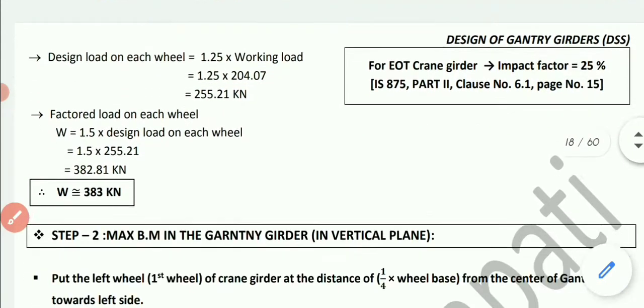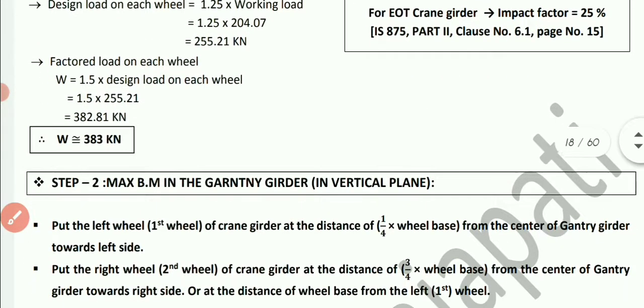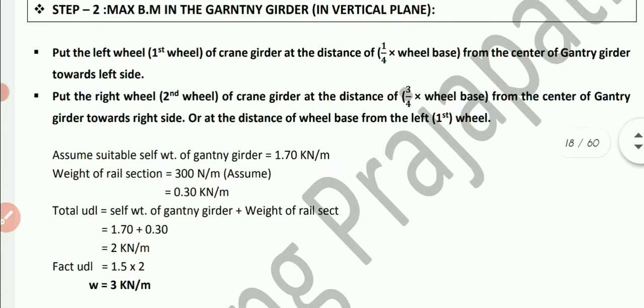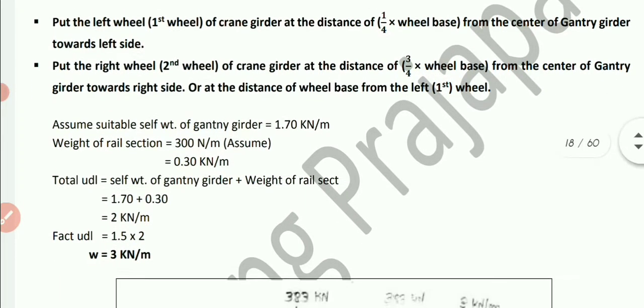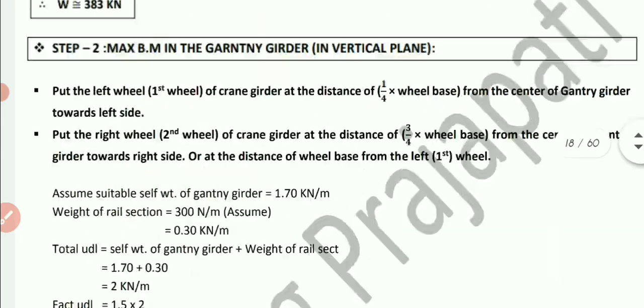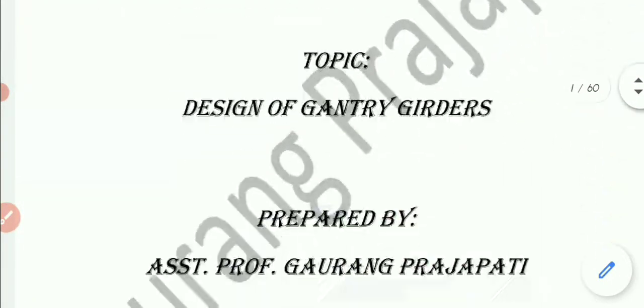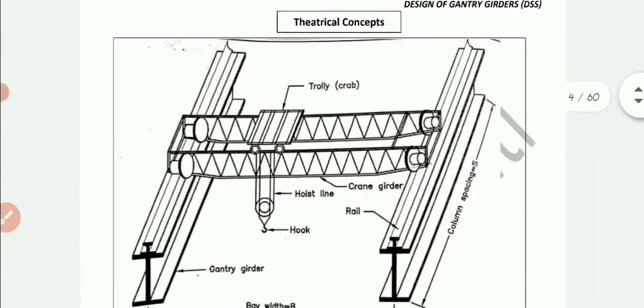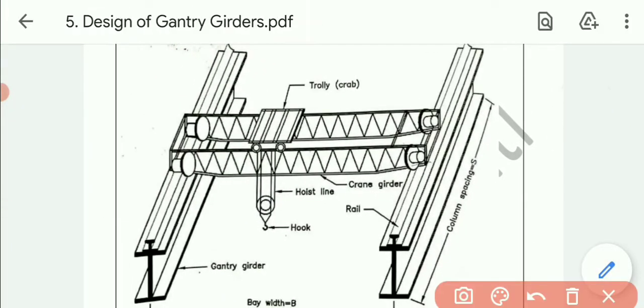Now step number 2, the maximum bending moment in the gantry girder in the vertical plane. Let me take it to the sketch once again. We have calculated that each wheel load is 383 kilonewton, this one, this one, this one, and this one.